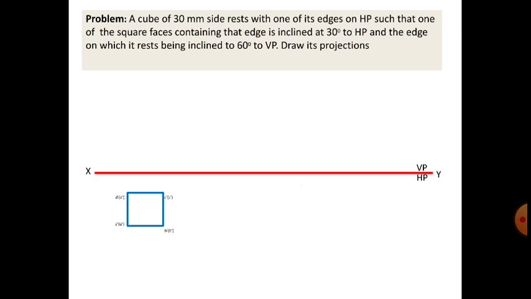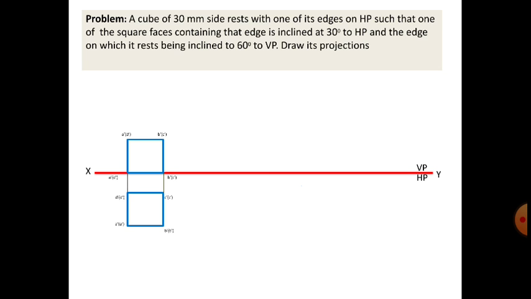Once we are done with drawing the square, we will draw the front view of this square by projecting the lines A dash, B dash, C dash and D dash. Once we project these lines, we can easily get the front view.